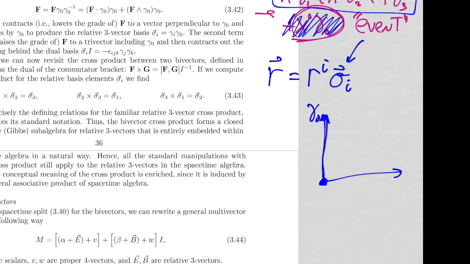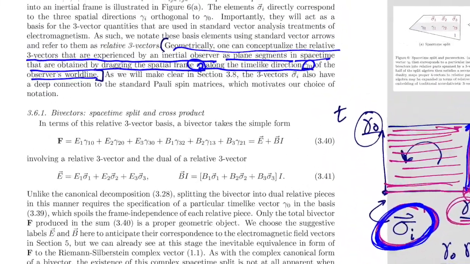I don't have any movement in the gamma_i direction. So if I see something out there in the gamma_i direction away from me, that thing's moving with me because it's also motionless, and it's sweeping out this plane. It makes a lot more sense for me to locate it with sigma_i if all I'm doing is thinking in three-dimensional space terms. That bivector catches the fact that it and I are both moving through time at exactly the same rate, because we're motionless together. We have relatively no motion.